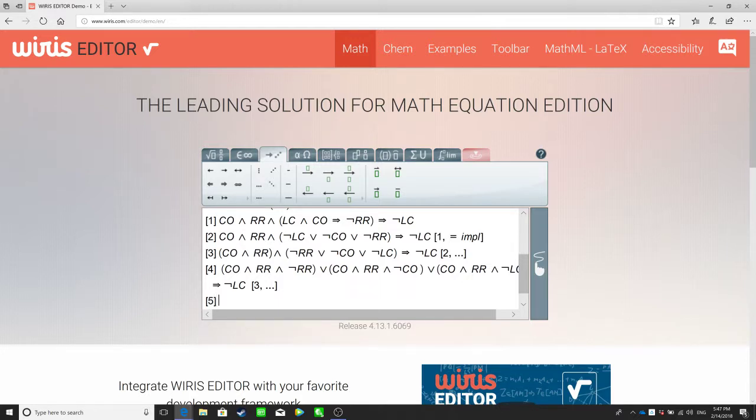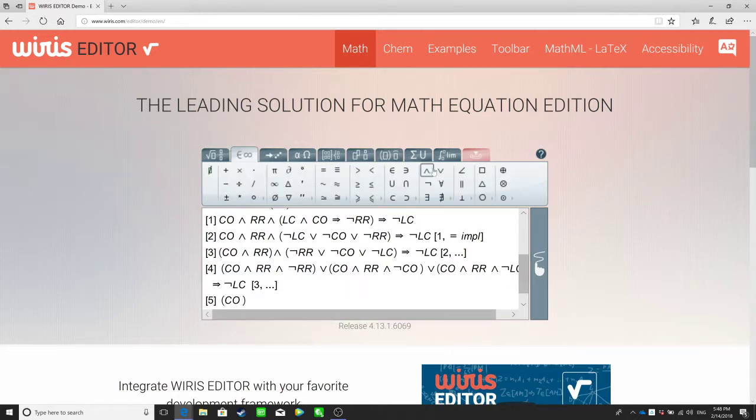Now we find a whole bunch of interesting things, because we find RR and negation RR, false. Here actually we have a CO and negation CO, false. Yeah. So we have a bunch of false here. So it's CO and a false, right?